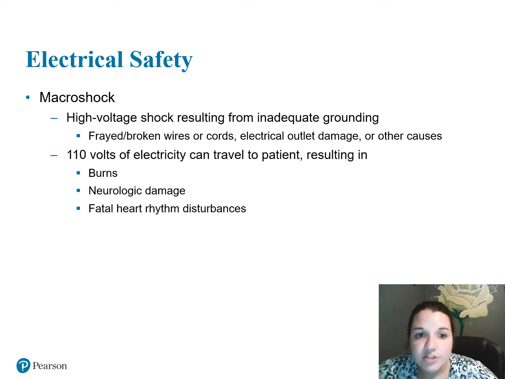So macro shock can cause a high voltage shock resulting from an inadequate ground. This could be caused by a frayed wire, broken wire or cords, electrical outlet damage, or other causes. 110 volts of electricity can travel to the patient, resulting in burns, neurologic damage, and fatal heart rhythm disturbances.